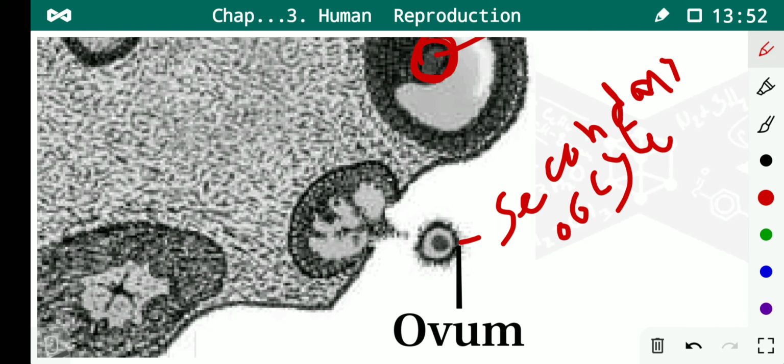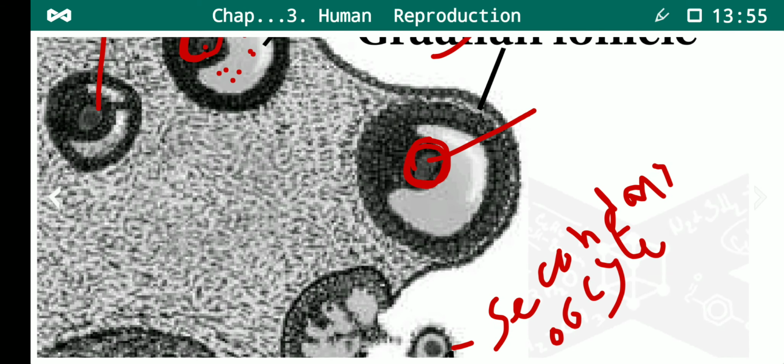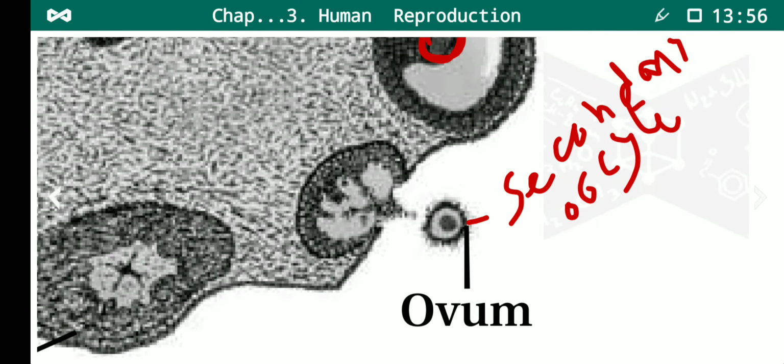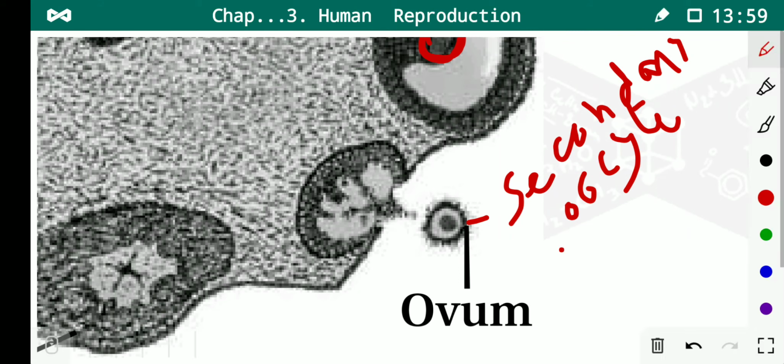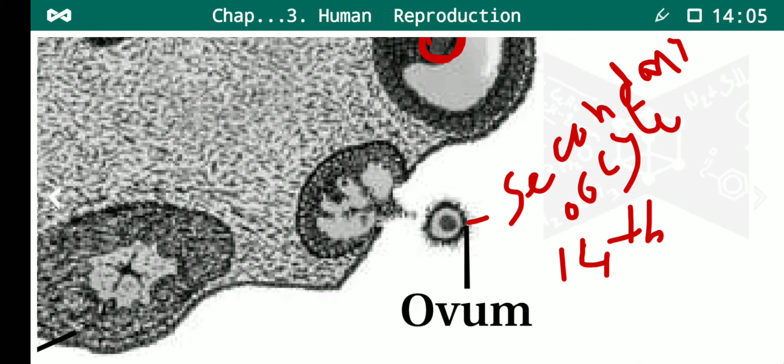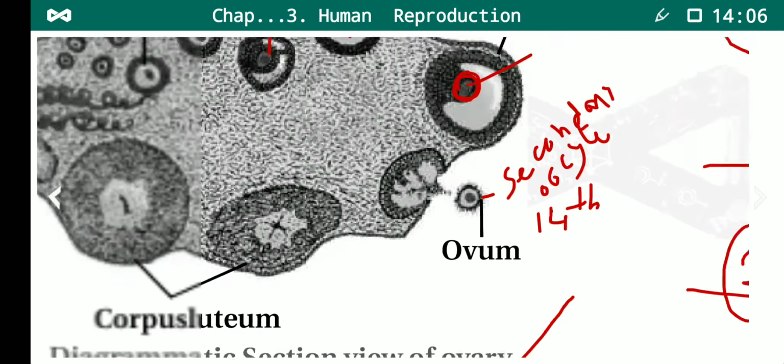Then on the 14th day, the follicle gets ruptured, and the secondary oocyte comes outside the ovary.